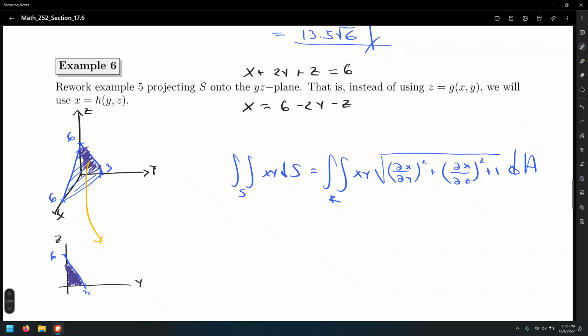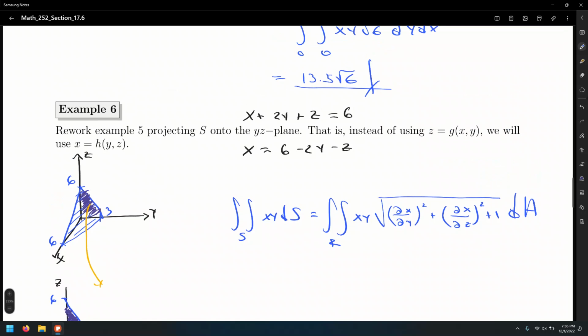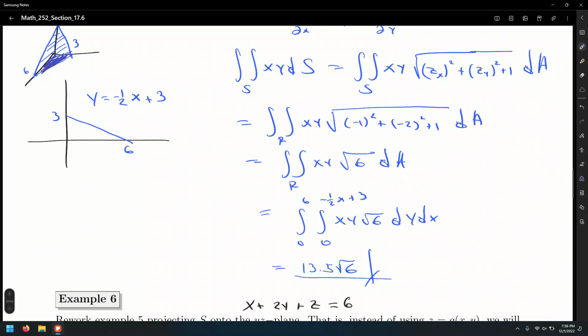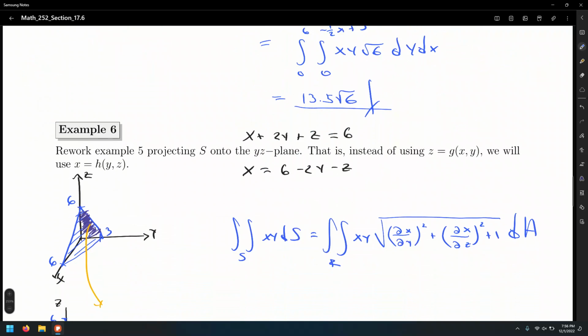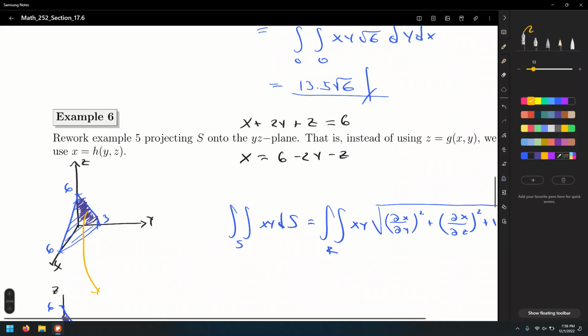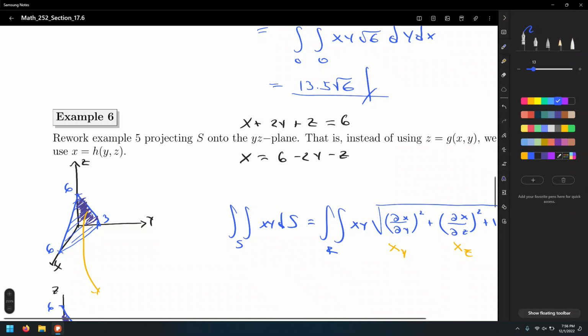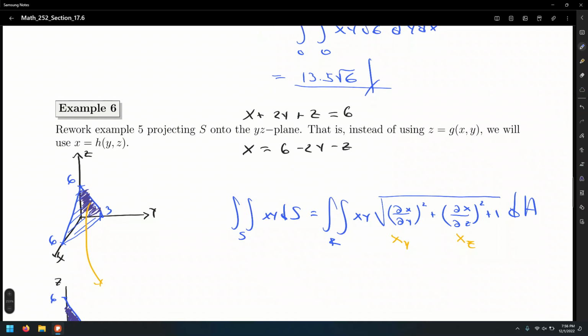So in this case, instead of saying z subscript x and z subscript y, we're doing x subscript y and x subscript z. That is the partial of x with respect to y and the partial of x with respect to z. Let's take those partial derivatives.